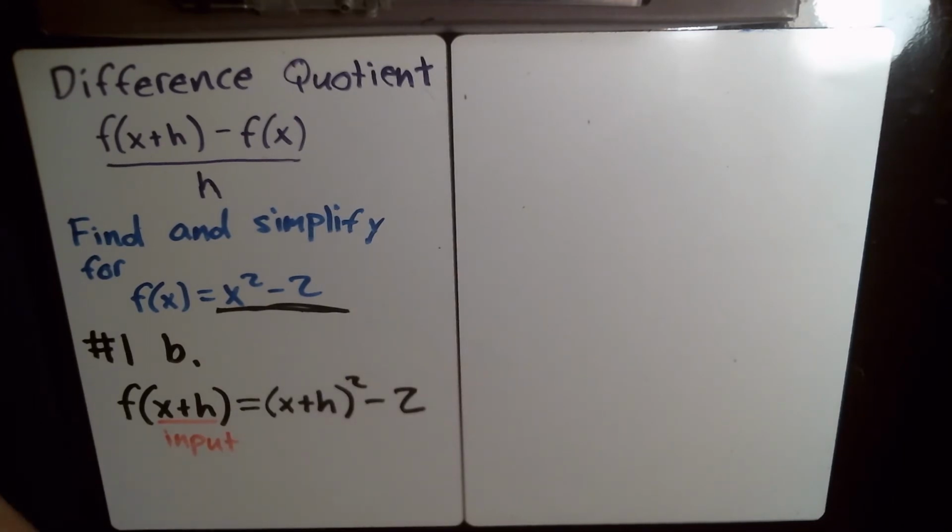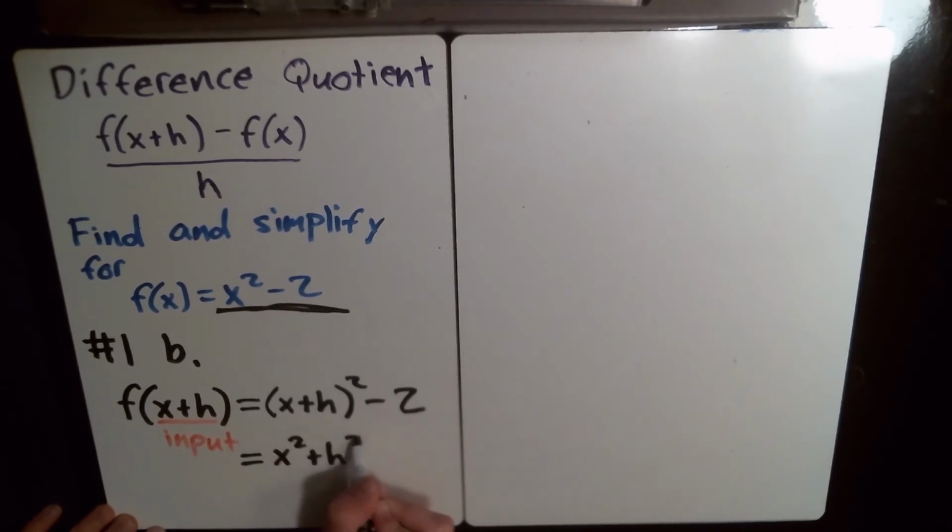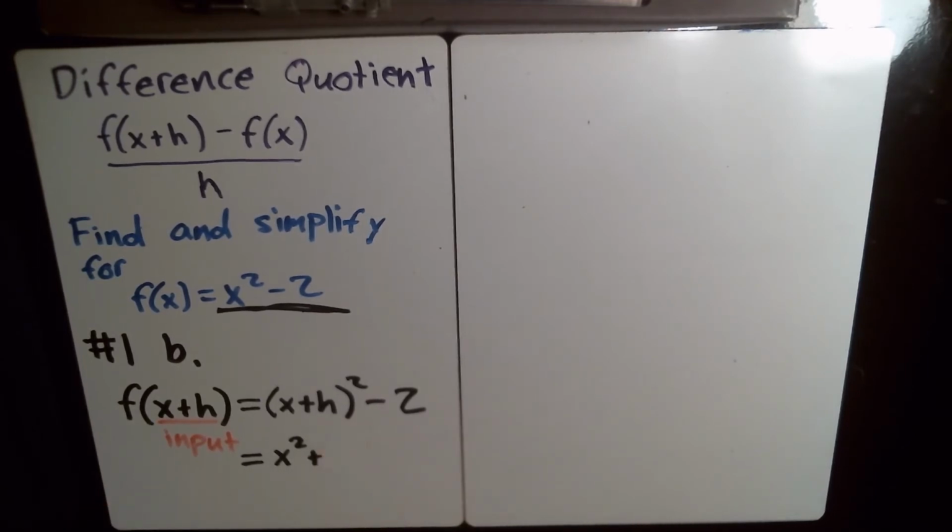Well, we can simplify that a little bit. And maybe just a good review, how do I square when I have a sum inside of the square? Is it the same as x squared plus h squared? Can you just square each individual piece? No, it's not. There's more stuff, right?